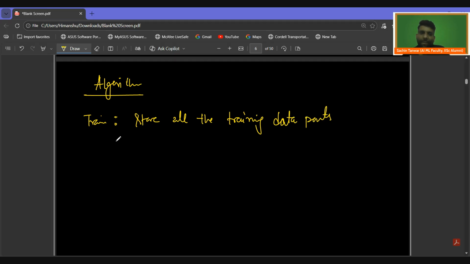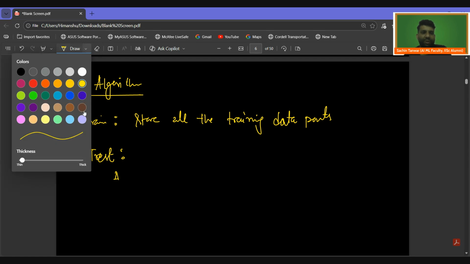Okay. In test, what would be happening? For this 3 nearest neighbor I'm talking about, let's suppose there is only one query data point. So let me just write down some assumption so that it's clear and we do not deviate from that.